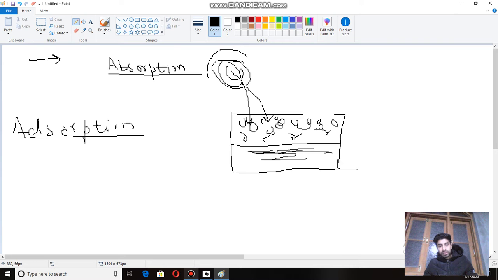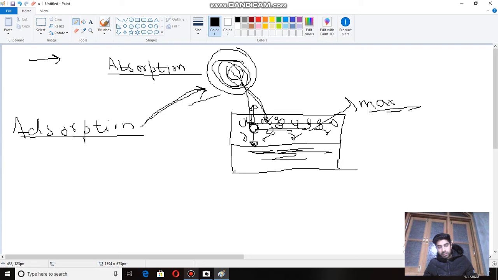So the concentration of this foreign particle is maximum at this surface, because the driving force responsible for this adsorption is that the force of attraction due to the bottom particle is to be balanced by this.